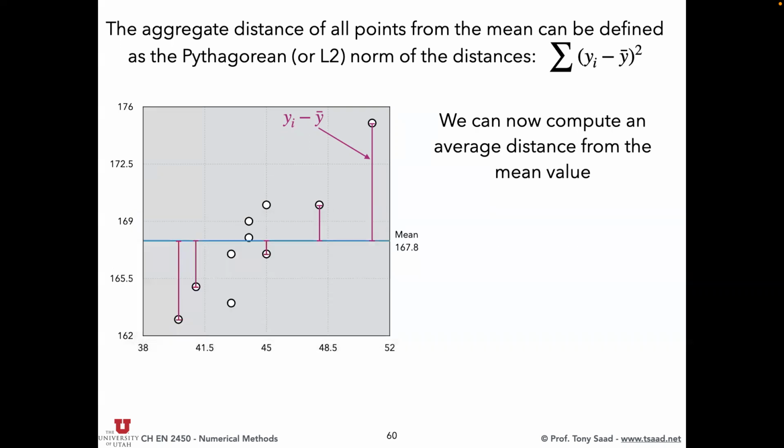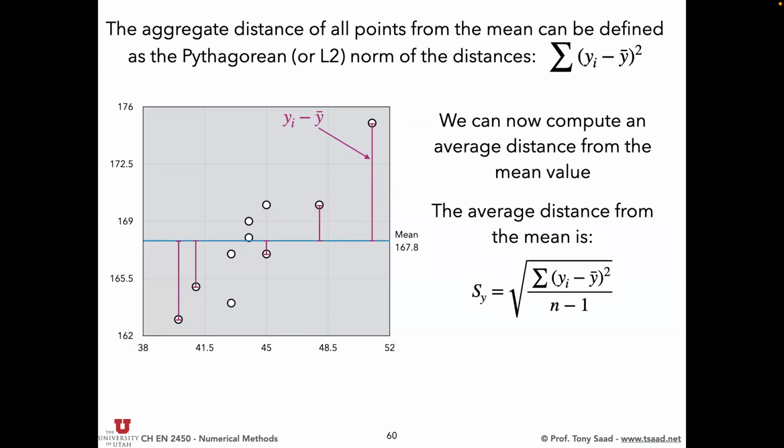Okay. So when you do this, this is the formula for the average distance from the mean. I'm going to call this SY, and this is called the standard deviation of a sample. You've probably learned it this way, so we're revisiting this. But in my mind, the standard deviation is simply the average distance of the data from the mean.